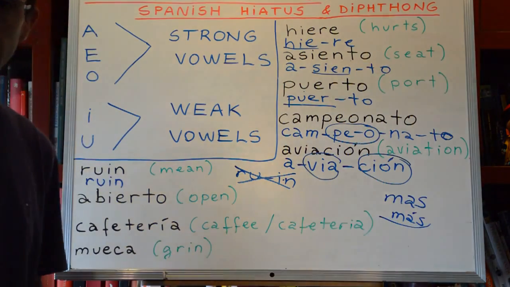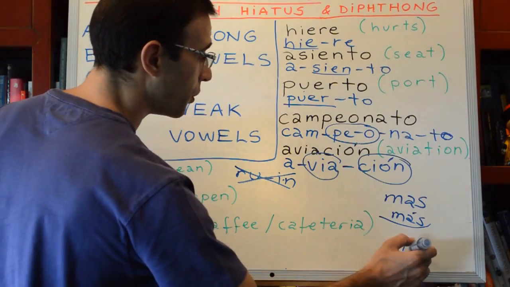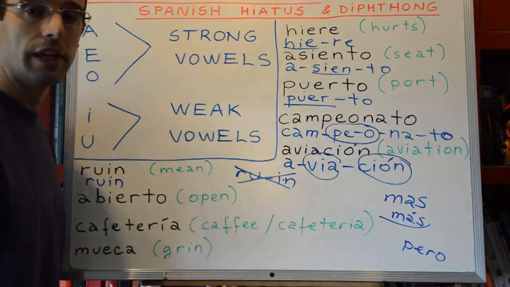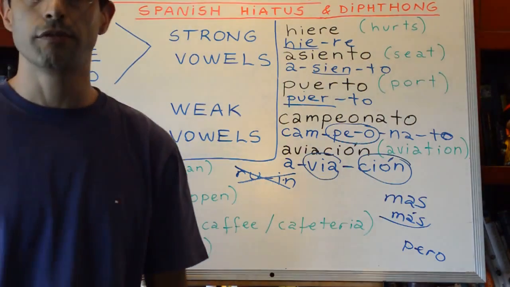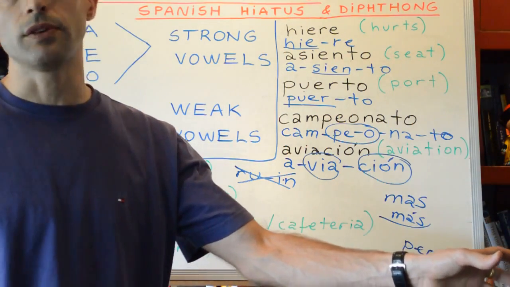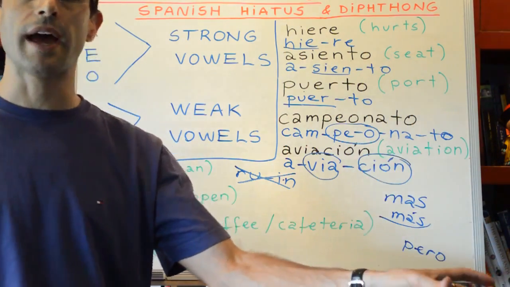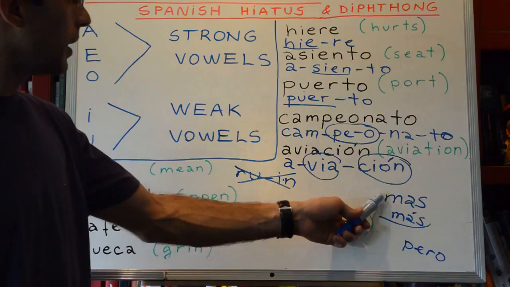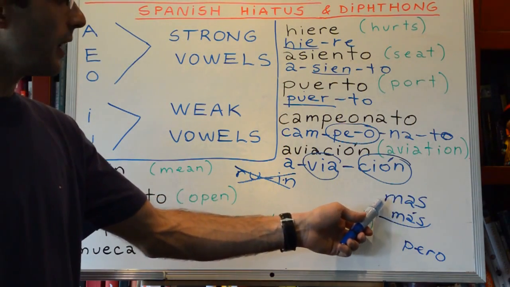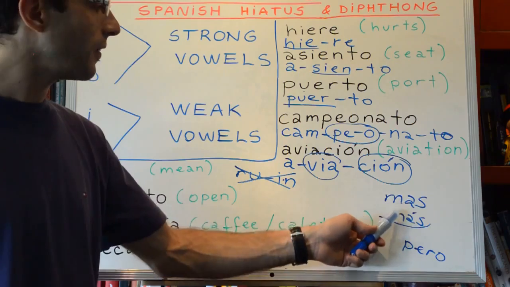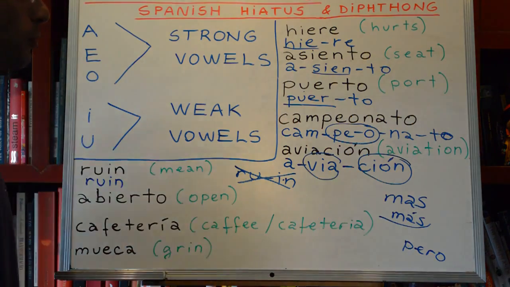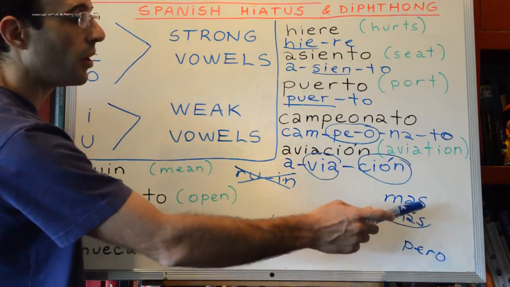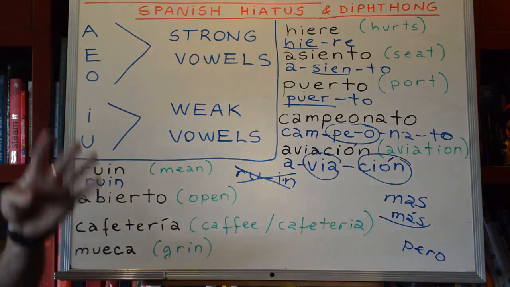Mas without a tilde is a synonym of the word pero. That means but. So, mas without a tilde is but. Right? For example, quiero esto, mas no tengo dinero. I want this, but I have no money. So here we have two words that are the same word, but have different meanings, right? So therefore, to differentiate them, one of them carries a tilde, the other one does not. That's the fourth rule of tildes, right?